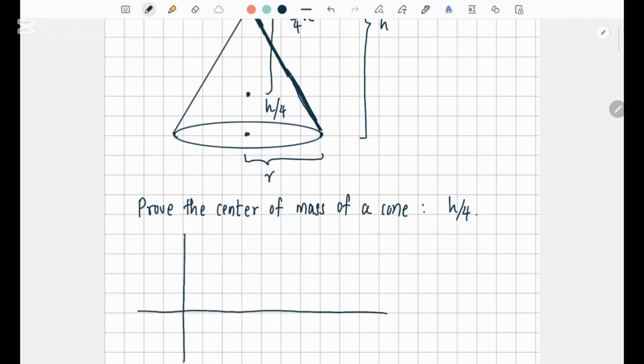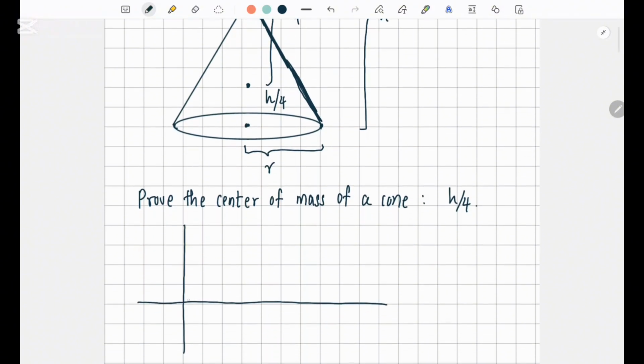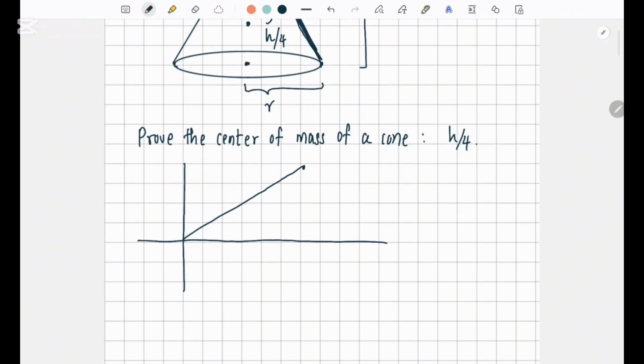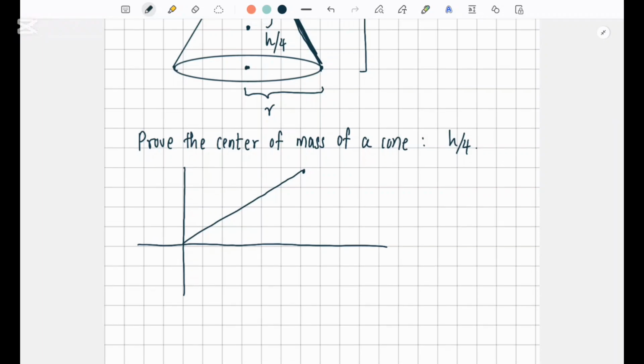If we take that as a line and draw it on the graph like this, you can see if this line was rotated around the x-axis 360 degrees, it forms a cone, right? You can see it forms a cone.